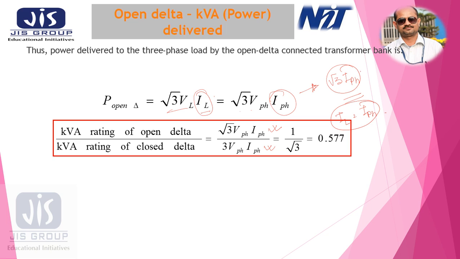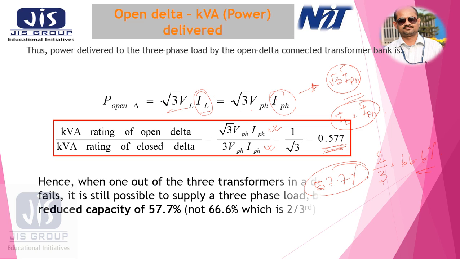So if we simplify this, it will become 0.577, 57.7%, not 2/3. That is not 66.6%. It will be 57.7%. Hence, when one out of the three transformers in delta bank fails, it is still possible to supply three phase load, but with a reduced capacity of 57.7%, not 66.6%.